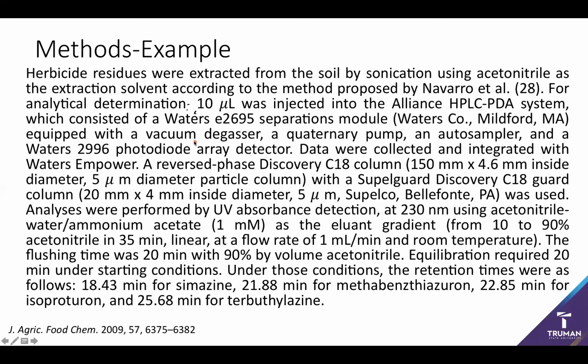But again, for common pieces of equipment like pumps and vacuum degassers, you often don't need to provide the exact identity of the piece of equipment, but as soon as you're talking about analysis instrumentation, such as their photodiode array, they give the exact piece of equipment.